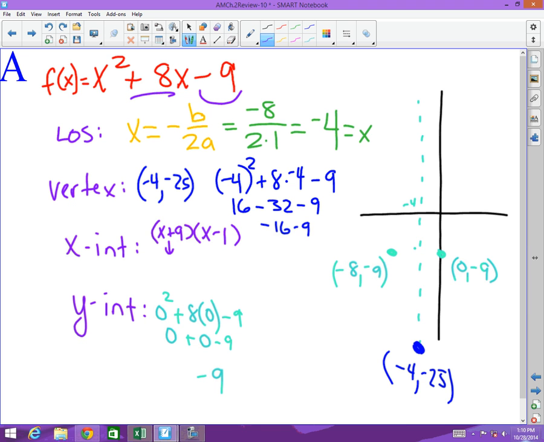And so in this case, x is equal to negative 9, and in that case, x is equal to 1. And so that's right there and right there. And so then your parabola would be like so. And you should be able to find all of that. And this is without your graphing calculator, and none of that should be too difficult, I hope.